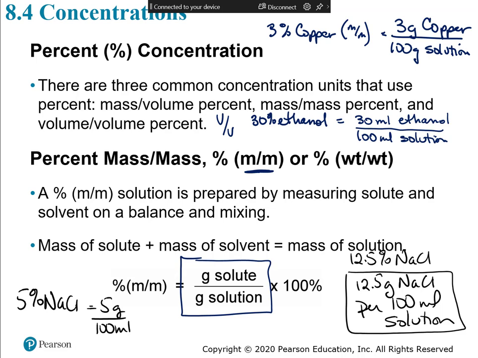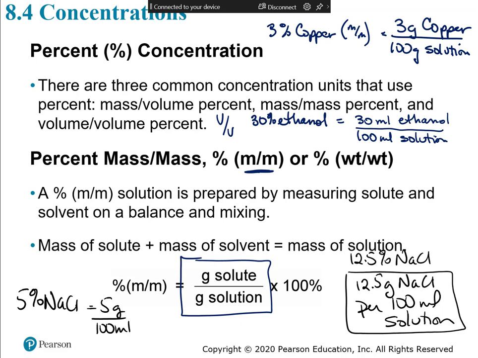So see, kind of like capital M, percent, you can convert it to what the unit means. It's always going to be amount of solute divided by 100 something of the solution. It might be milliliters, it might be grams, but it's going to be based on a total 100 amount of that solution.